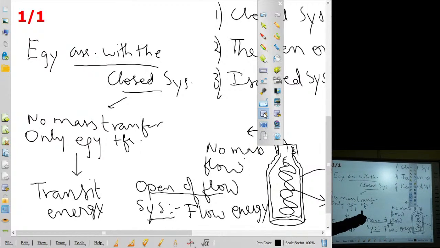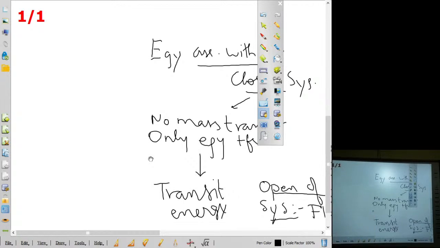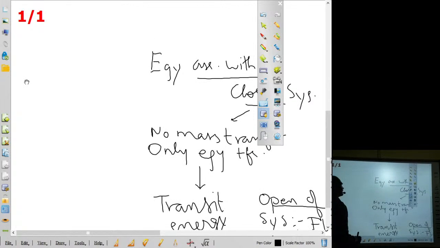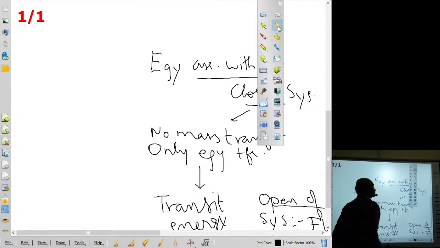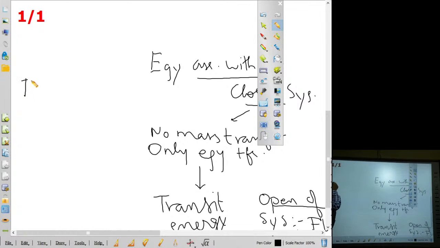The system itself is equal to the universe there. So now, the energy that is associated with the isolated system, where no flow is there. Even if flow is there, still there is one energy that will remain inside only. An example for that is the internal energy.